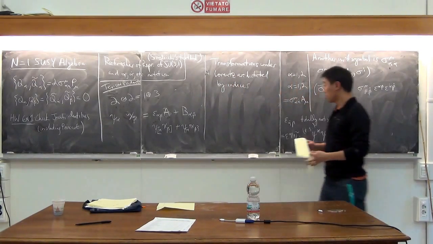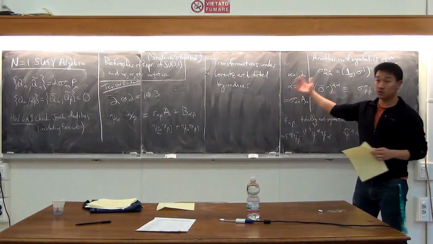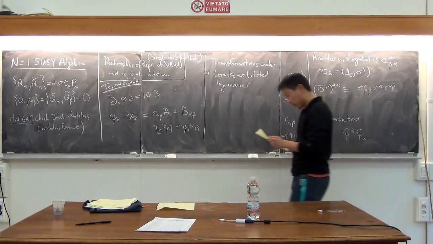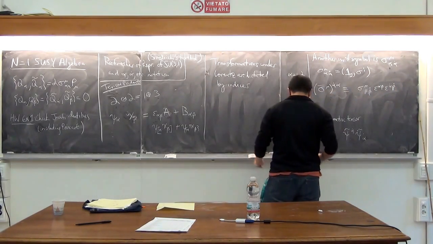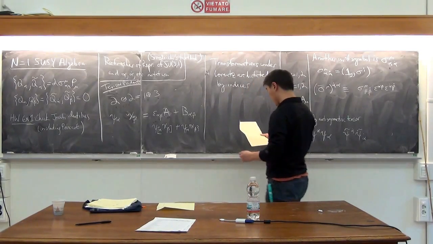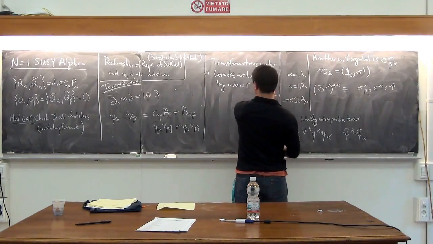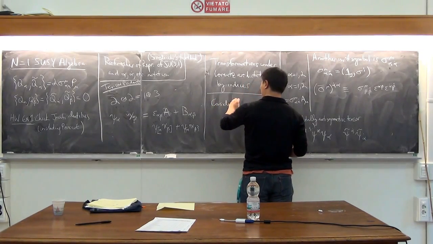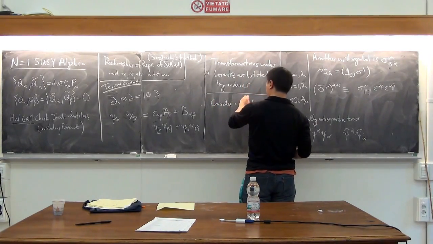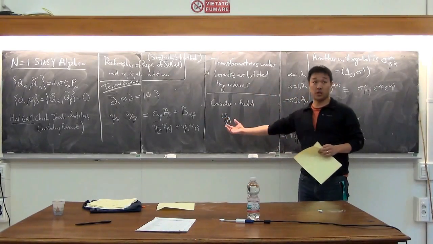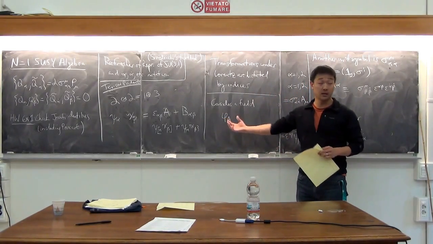So once you know what indices your field carries, you know all the Lorentz transformation properties. So for instance, consider a field with some indices. Let's just say a collection of indices denoted by A, capital A.